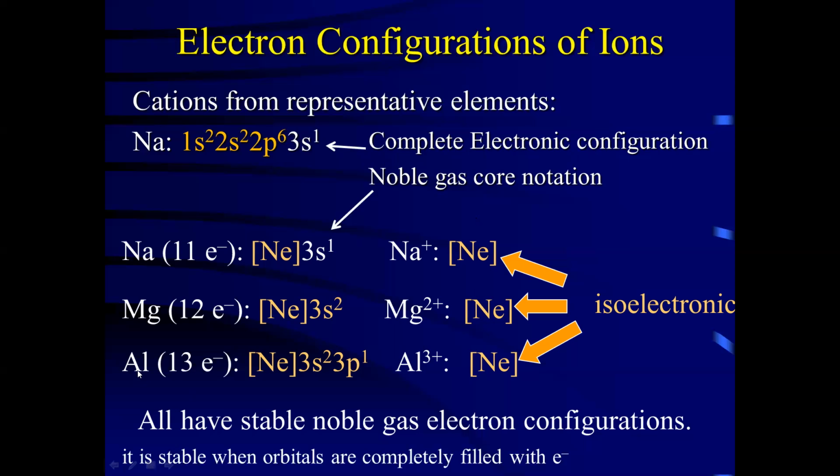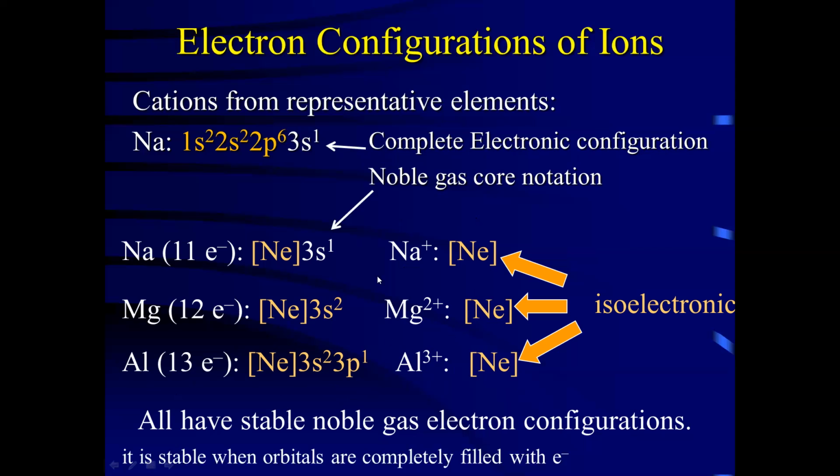Similarly, neutral aluminum has a complete electron configuration like this. After it becomes a 3 positive ion, that means it loses 3 electrons, and those 3 are gone. That means the aluminum ion's noble gas core notation will be like this.